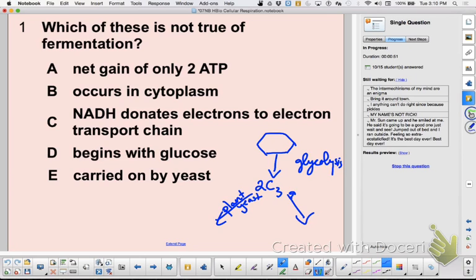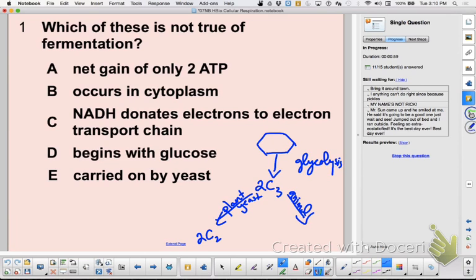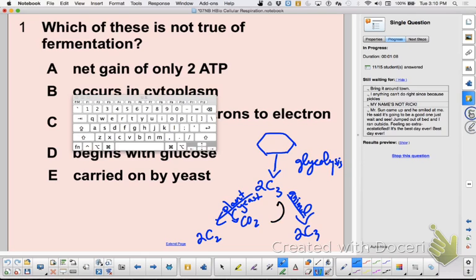And here you're either making alcohol and CO2, or for us, we're making lactic acid. Either way, you oxidize your NAD that got reduced here. Now, you only make 2 ATP, and that's happening during glycolysis.